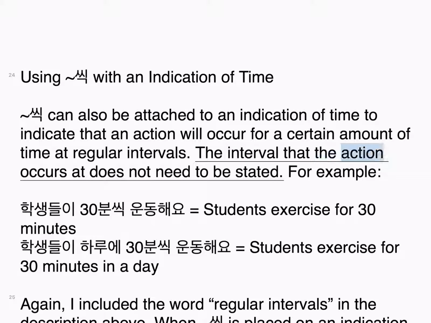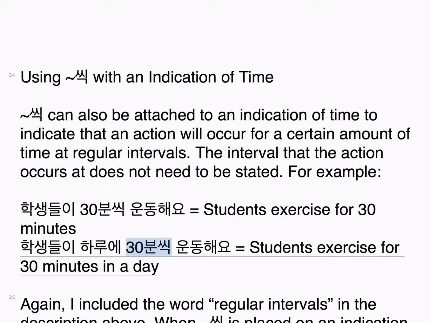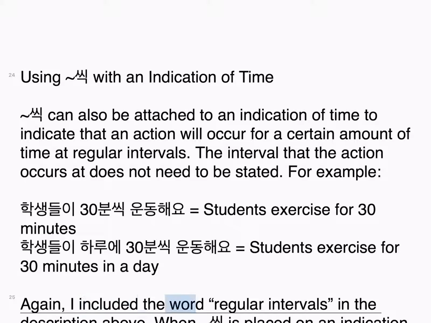The interval that the action occurs does not need to be stated. For example, 학생들이 30분씩 운동해요. Students exercise for 30 minutes. 학생들이 하루에 30분씩 운동해요. Students exercise for 30 minutes in a day. Again, I included the words regular intervals in the description above.